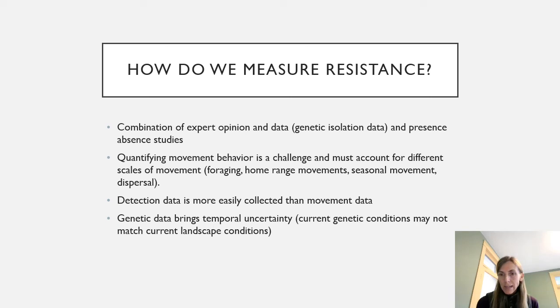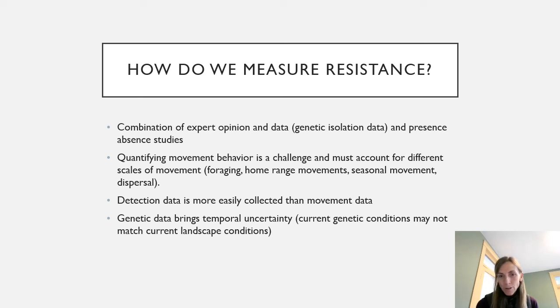Often detection data is easier to accumulate than actual movement data for organisms. And so that's an important feature. What we've found in analyses of some of these studies is that detection data does not necessarily match what our theories are about movement and dispersal pressures. And then finally, genetic data.